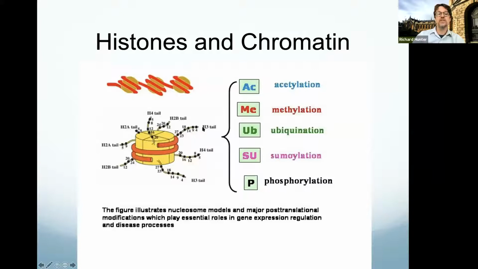So for instance, if you're looking at this literature, H3K4 can be acetylated, it can be monomethylated, it can be di- and trimethylated, and each of those modifications of this particular histone indicates something different about the state of that local environment in terms of gene expression.